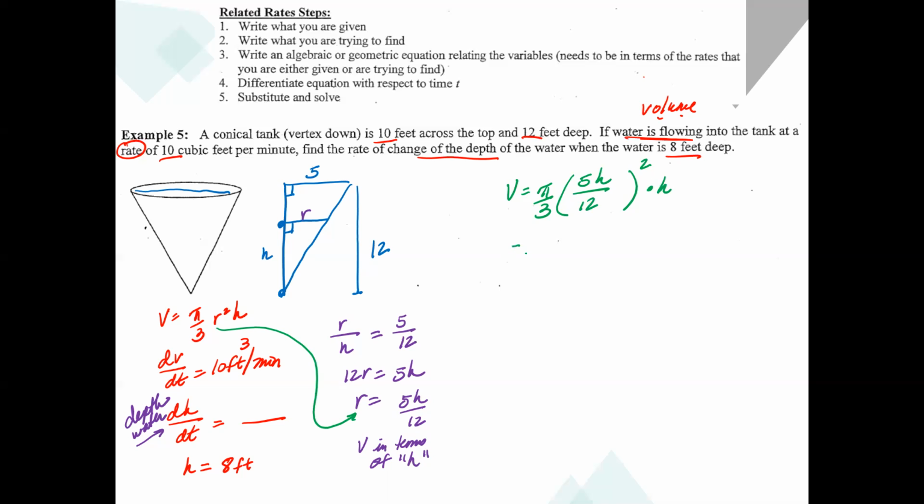If you go ahead and modify this a little bit, you will have 5 times 5 is 25, 25 pi, and then you will have 3 times 144, which is 432, height.